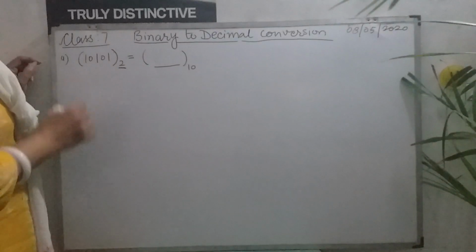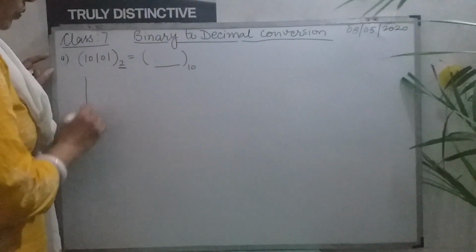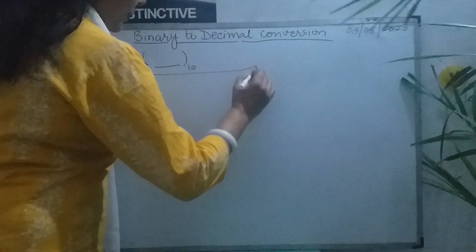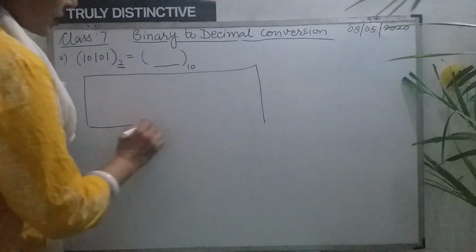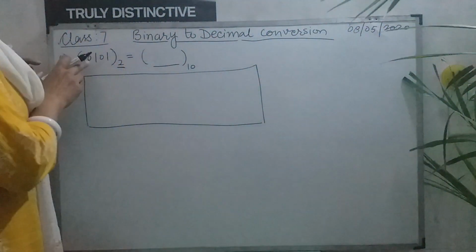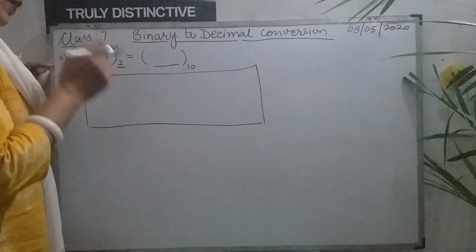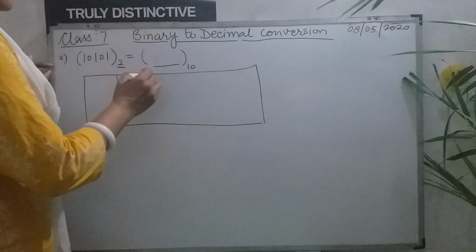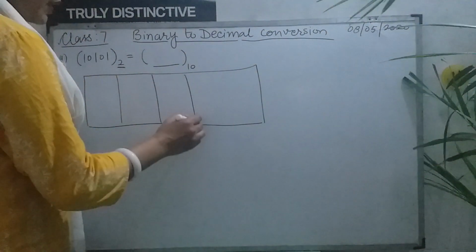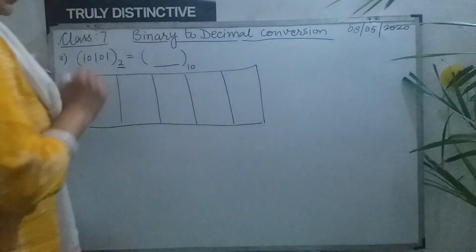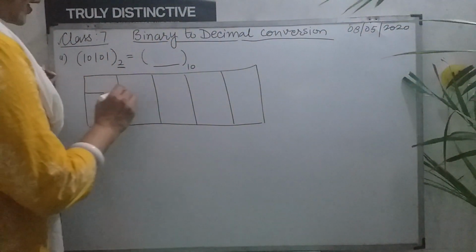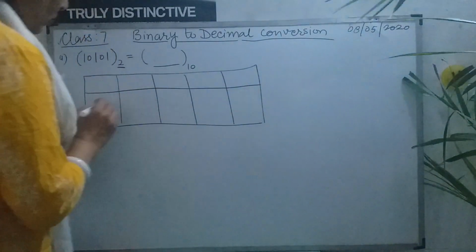So you will make a table having 3 rows, and as 5 digits are present, there will be 5 columns: 1, 2, 3, 4 and then 5. These are the 5 columns and only 3 rows.